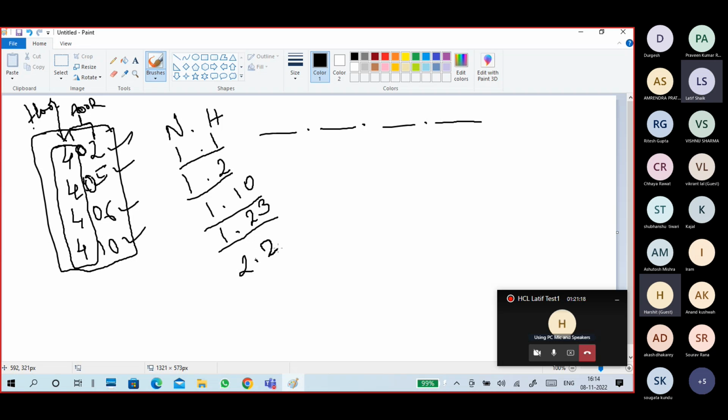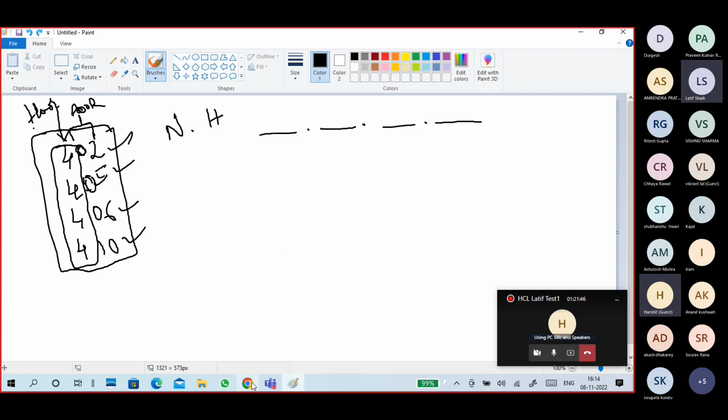For example, 2.2, 2.3, 2.5. Again, it is a separate network because the network is different. Guys, understand the network and host part.